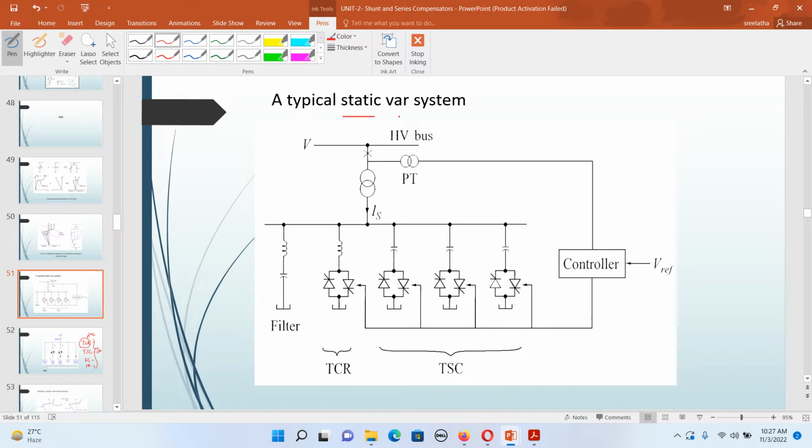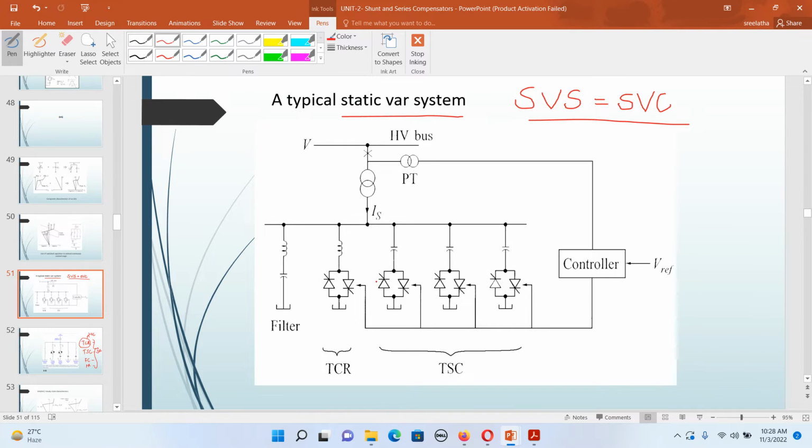People use SVS or SVC interchangeably. A system is a combination of different devices, and this whole thing can be called one compensator. So this is how you typically see it in a very large high voltage transmission system.